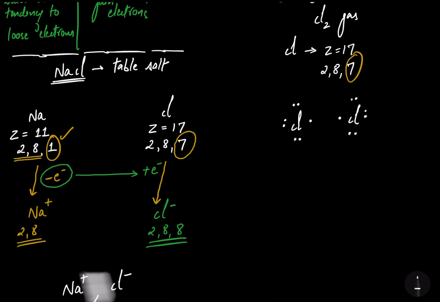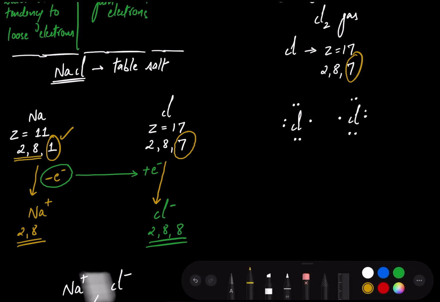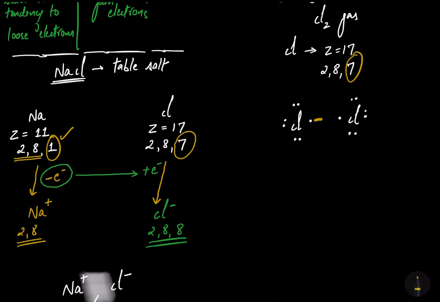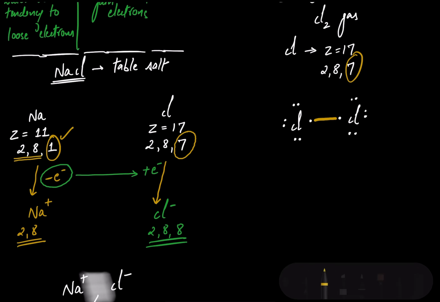Both chlorine atoms will share 1 electron with each other to have a complete octet of argon. So the first chlorine atom and the second chlorine atom are going to share these 2 electrons with each other to attain stable noble gas electronic configuration.